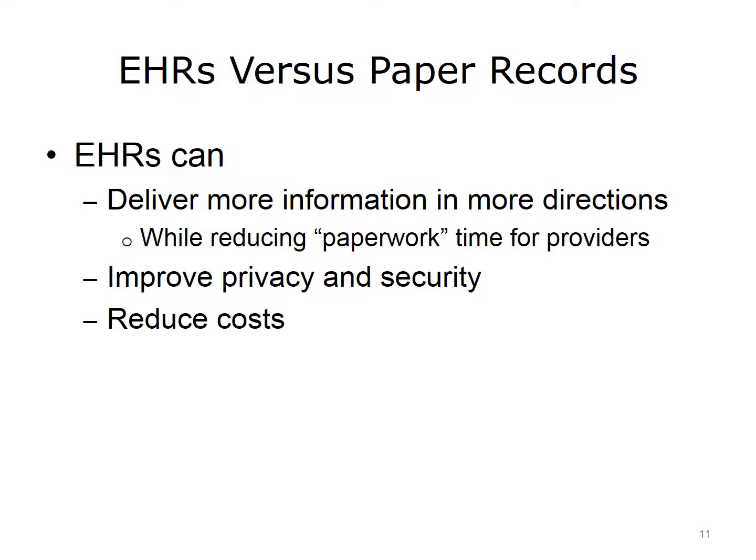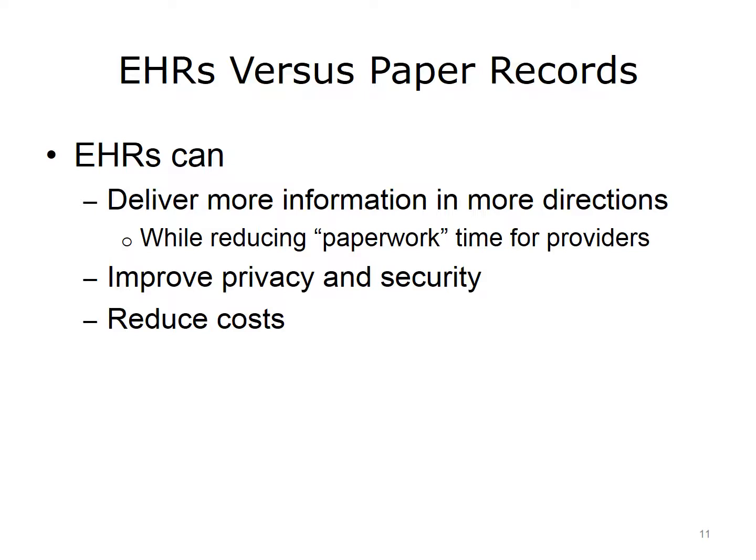EHRs can improve privacy and security. With proper training and effective policies, electronic records can be more secure than paper. EHRs can reduce costs through reduced paperwork, improved safety, reduced duplication of testing, and most of all, improved health through the delivery of more effective health care.